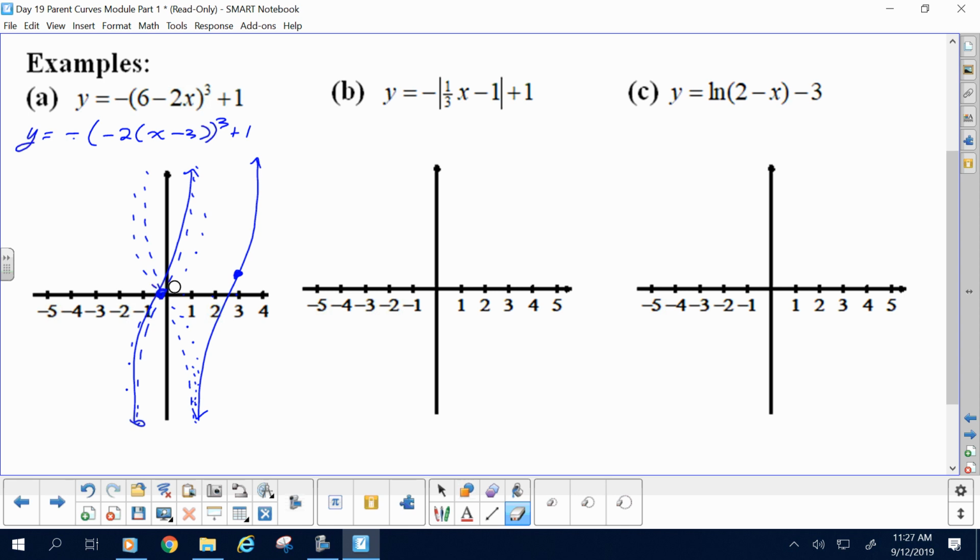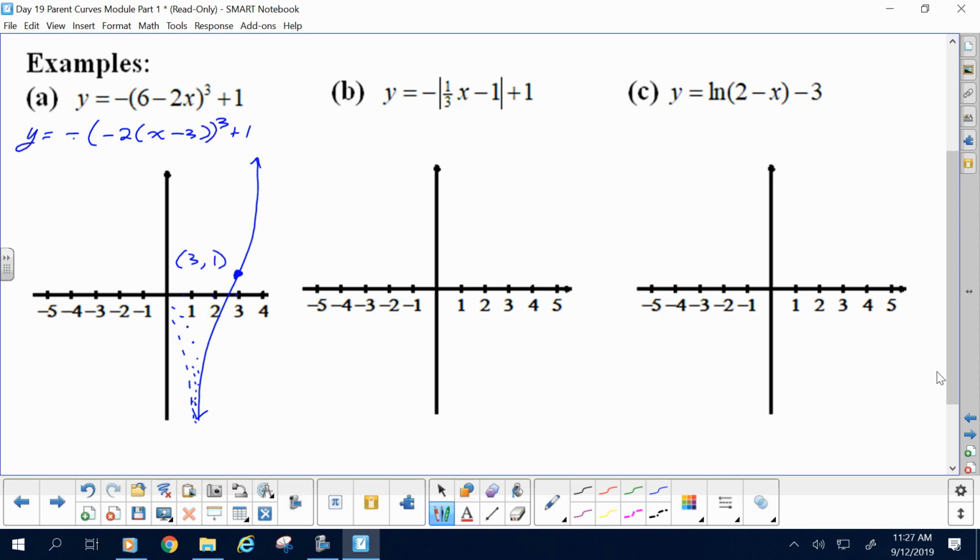I'm going to dump all my extra stuff and label my essential point. What is it? 3, 1. Does that check? If I put in 3 into my equation, I do get 1, so at least it's in the right place. I could do the y-intercept if I wanted, but I don't think they ask. Do they ask? No.